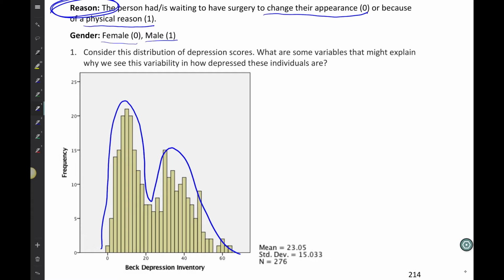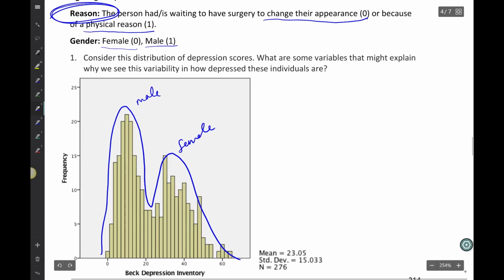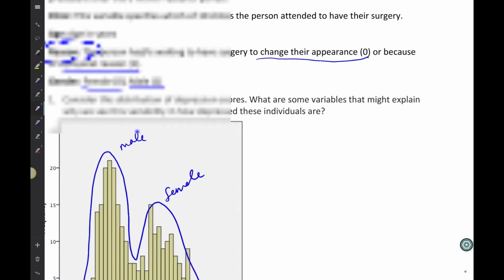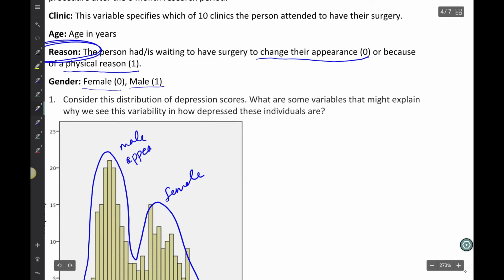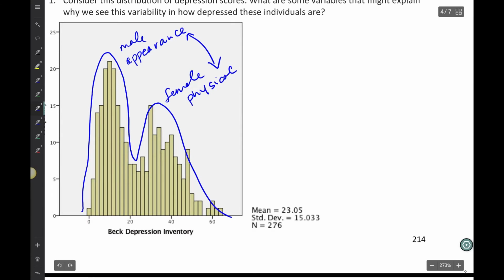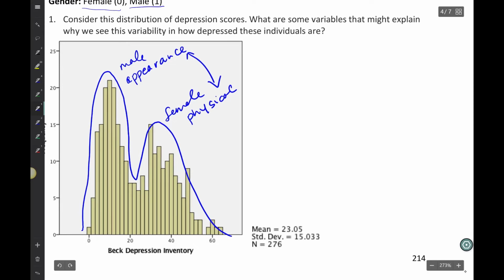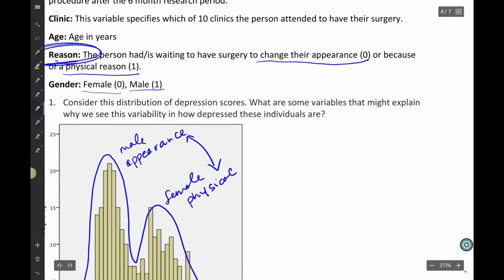Because again, we said maybe this would be male and female. Maybe it's more like appearance and physical, or maybe those two things are swapped around and this is physical and this is appearance, right? But it's interesting that we see there are two pretty distinct bumps here. So we want to know what's going on, and we're going to be looking at how it connects with the reason.